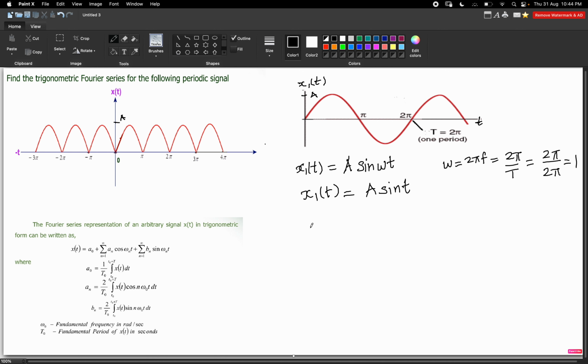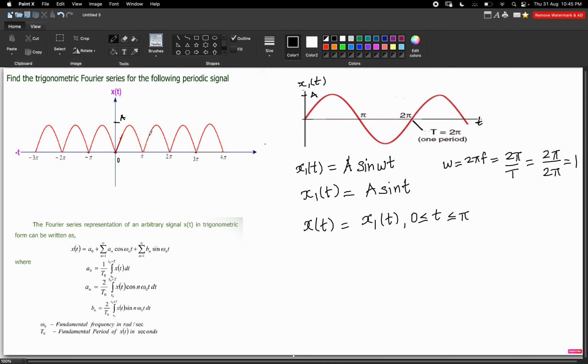So to find x of t, x of t equal to x1 of t for the range of t, t is greater than 0 and lesser than or equal to pi. We need to bother about only this region 0 to pi.